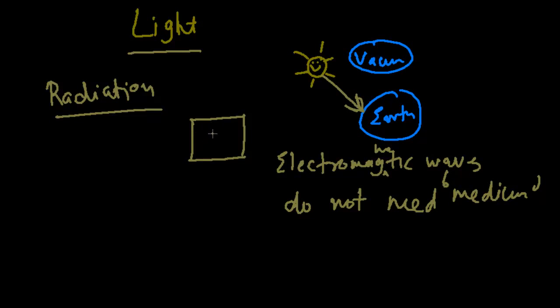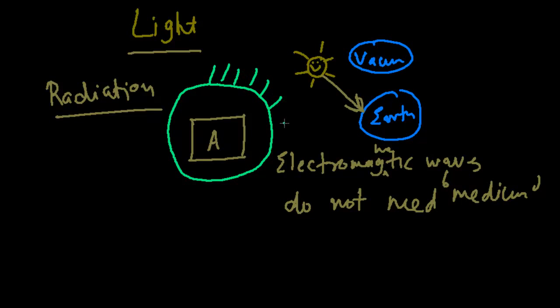Suppose this is some body A, and it is surrounded by vacuum. This is another body, and the temperature of this body A, TA, is greater than T surrounding, and this portion is vacuum.